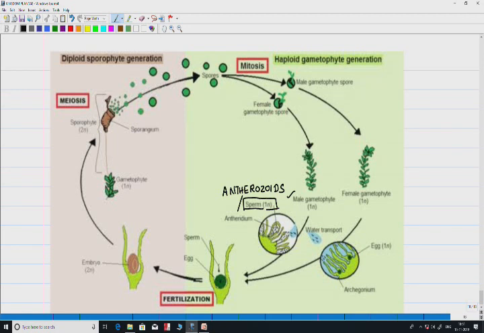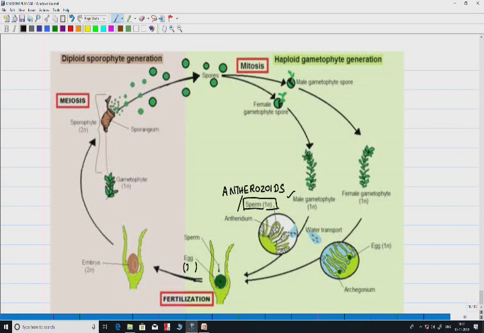On reaching the egg cell, it will fertilize it. Please tell me the ploidy of the zygote, whether it is haploid or diploid. Sperm is n, egg is n. Ploidy means the number of sets of chromosomes. It will be 2n.